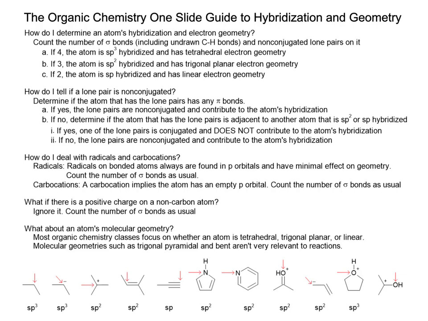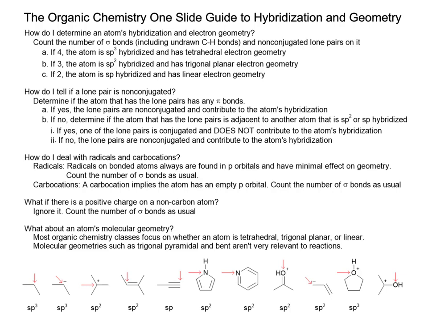And the last molecule, looking at that oxygen, has a sigma bond to a carbon and to a hydrogen, and there are 2 lone pairs on it. We'd normally think that that's sp3 hybridized. However, the oxygen is adjacent to a carbocation, and that carbocation carbon definitely is sp2 hybridized because it has a p orbital.